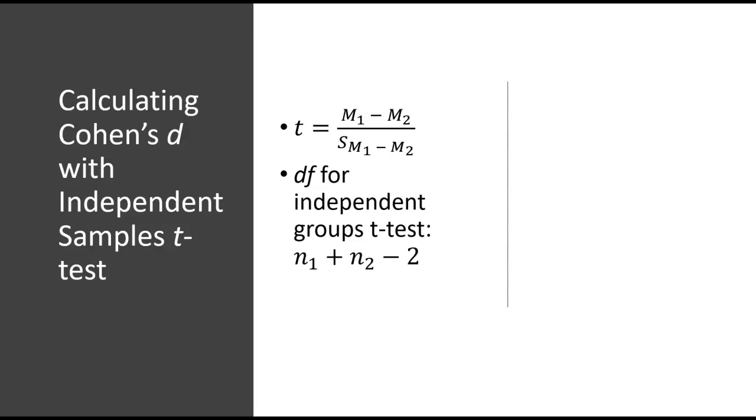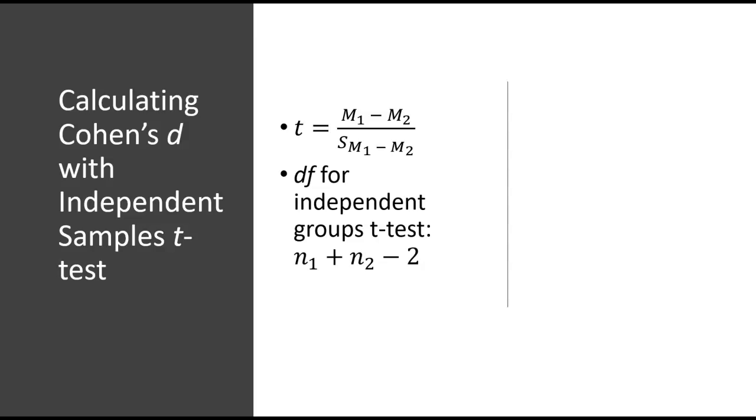The Cohen's d measure, when you're doing an independent samples t-test, remember that t looks like this, where in the numerator you have the difference between the means, and in the denominator you have the standard error associated with that difference in means.